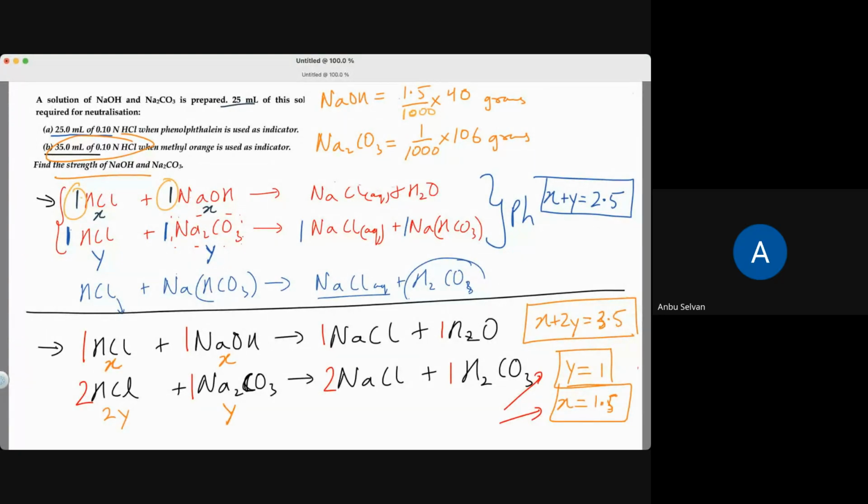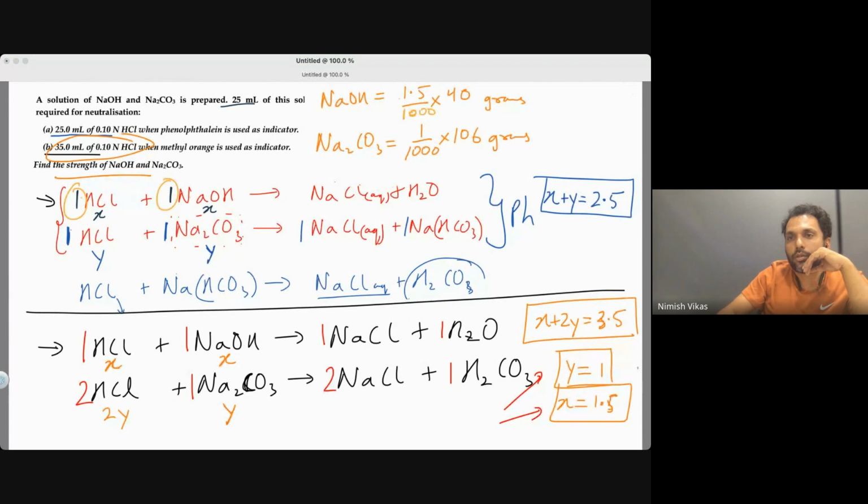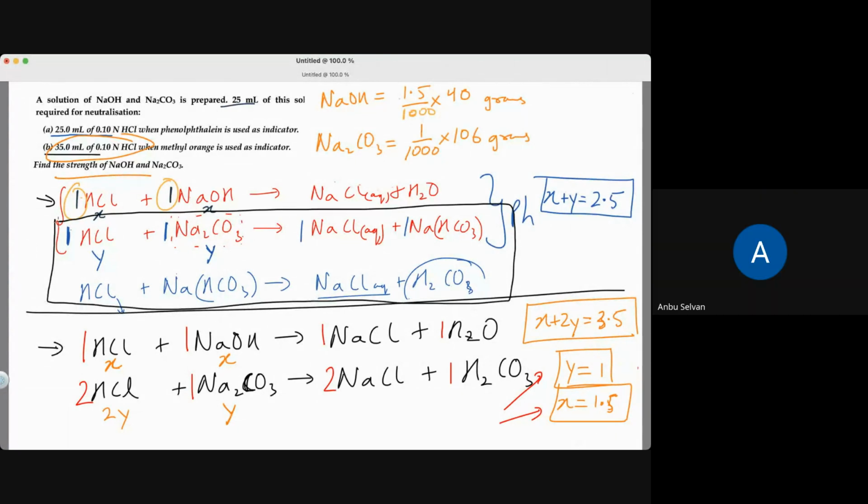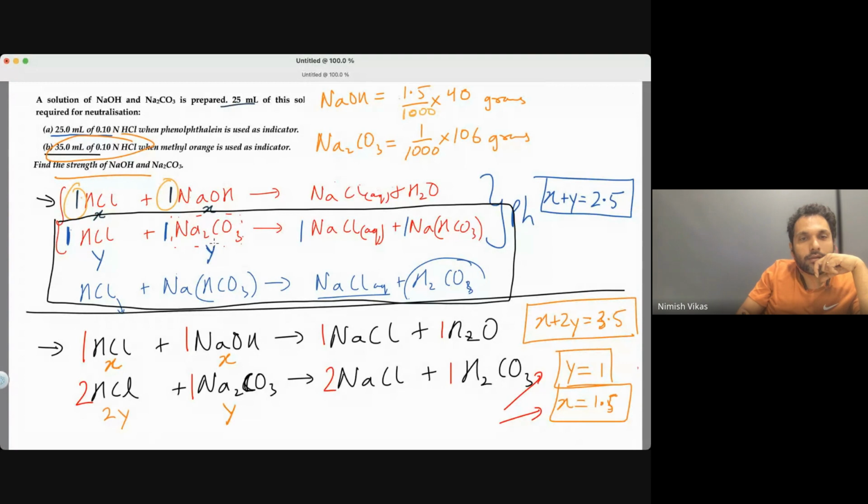Yeah, that's the same, but the other one, when it's reacting with Na2CO3, the reaction actually happens in 2 steps. HCl reacts with one Na2CO3 to give one of this and one of this. Is that clear?